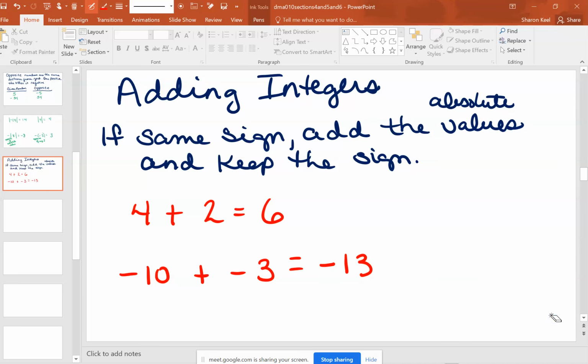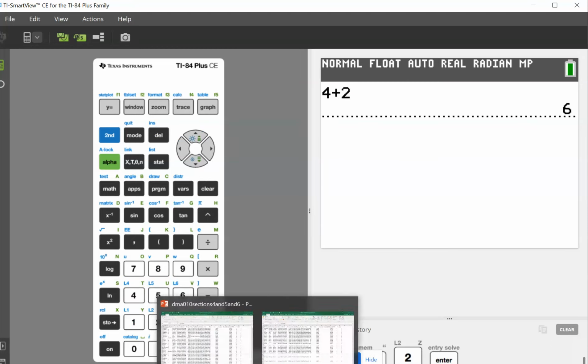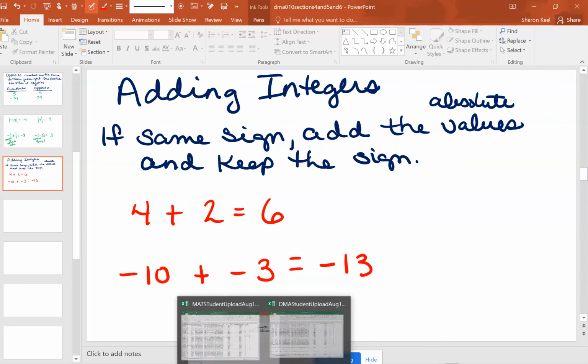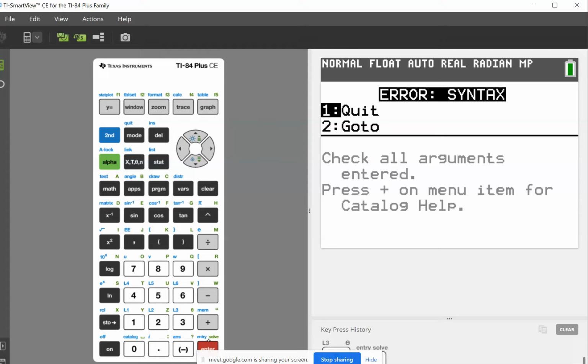Let me also show you on your calculator how to use this. Well, 4 plus 2, pretty simple. Now, for the second one, negative 10 plus negative 3. I'm going to show you a wrong way first. If I hit the minus as being the negative for 10 minus 3, plus, and let's say I use that same sign again for negative 3, I'm going to get all kinds of stuff coming up.